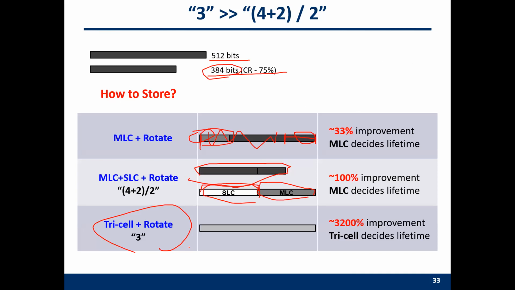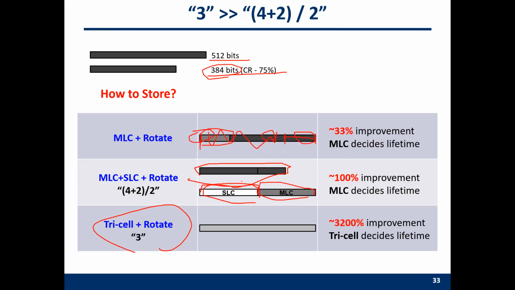When you want to extend the lifetime of one memory line, you need to solve the worst case. In the first row here, the worst case is a multiple level cell. In the second row of this table, the worst case is still a multiple level cell.